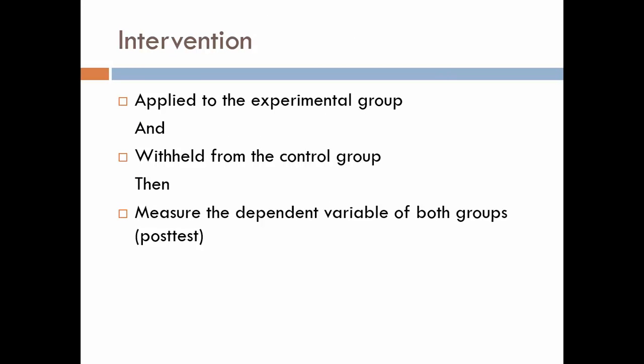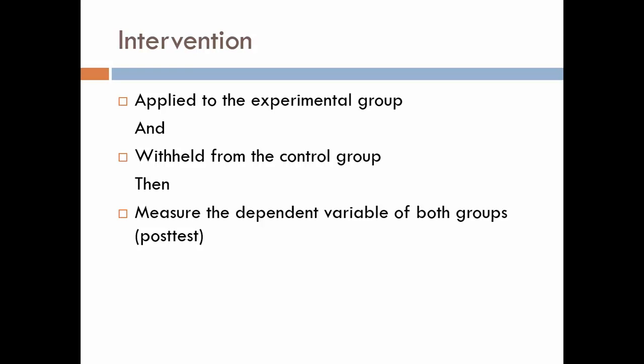Then we would do the intervention, and only the experimental group would get the intervention. So we'd do cognitive behavioral therapy for, let's say, 6 weeks with the experimental group. Now, the control group has the cognitive behavioral therapy withheld from them. And in social work, this is unethical.